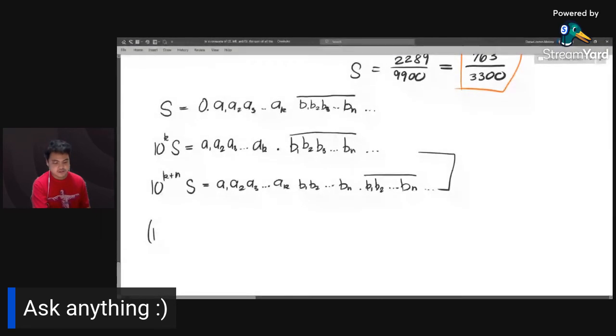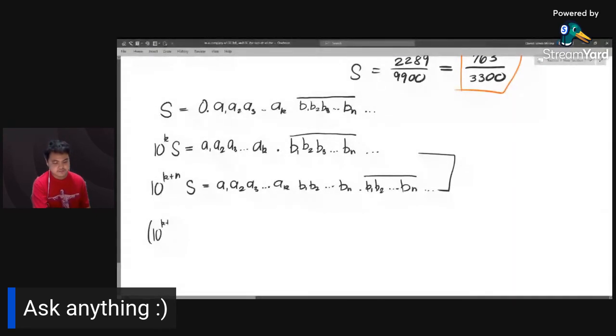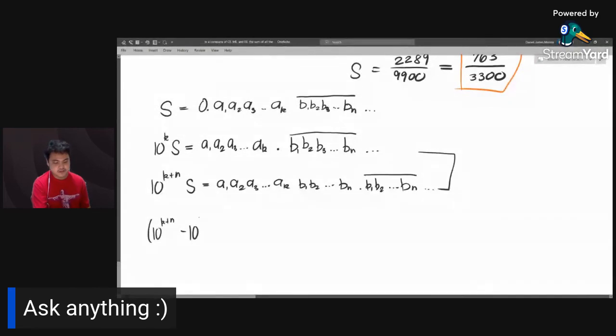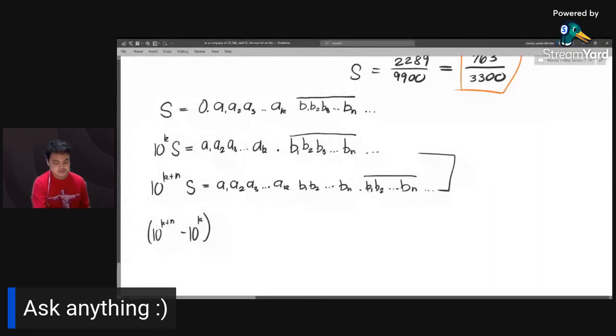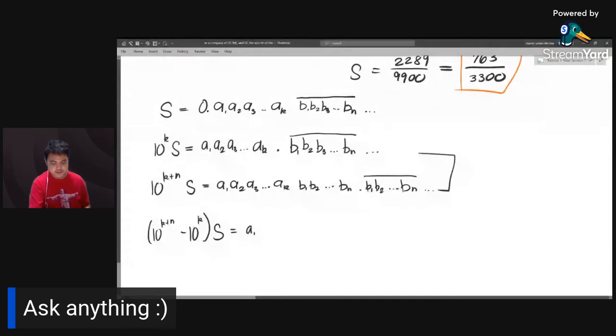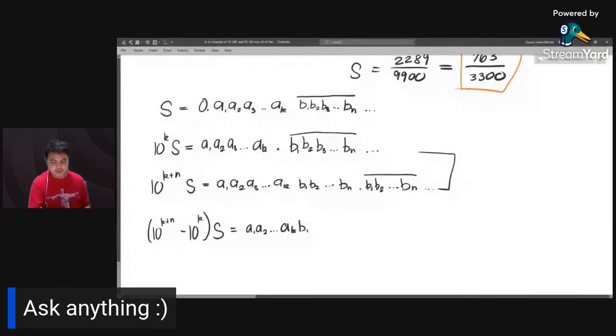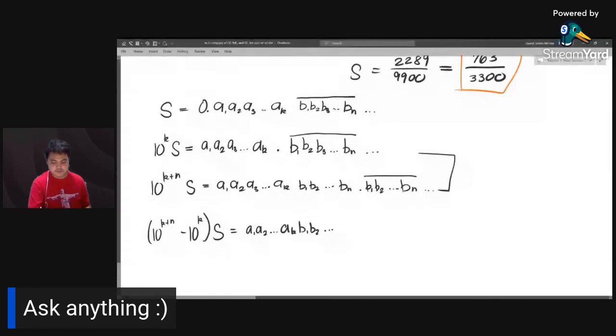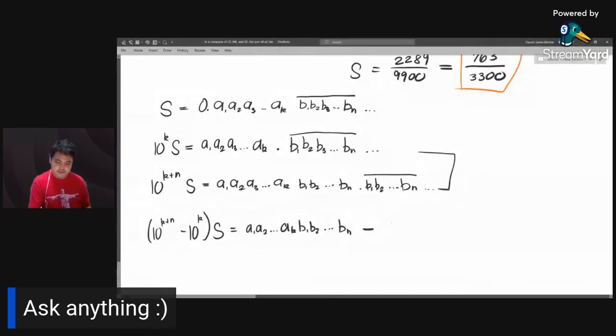Okay. So now we can subtract these two equations. So we have 10 raised to k plus n minus 10 raised to k times S is equal to, pag subtract natin, ang matitira na lang ay yung string na A sub 1 up until A sub k, then B sub 1, B sub 2, B sub n, minus A sub 1 up until A sub k.